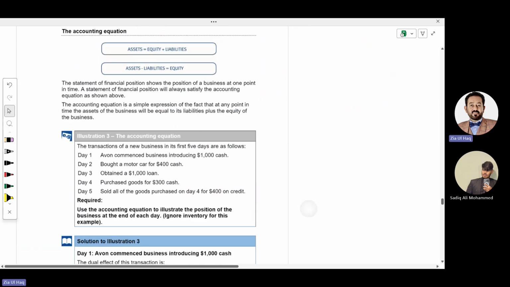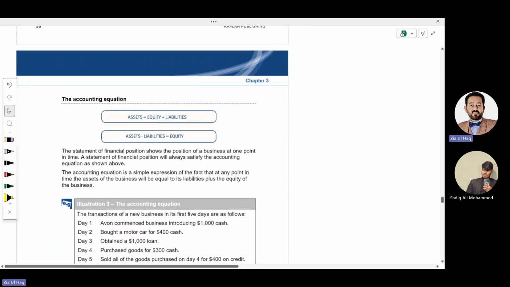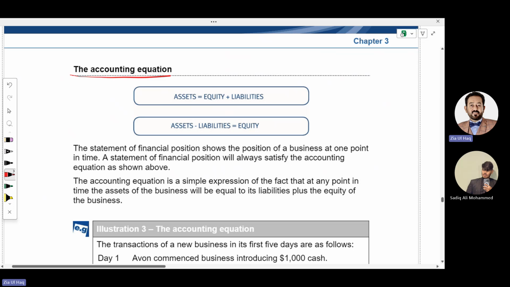So there is one small topic left in this chapter that is called accounting equation. What is accounting equation? Ons and offs should always be equal. Your assets should be equal to equity plus liability.